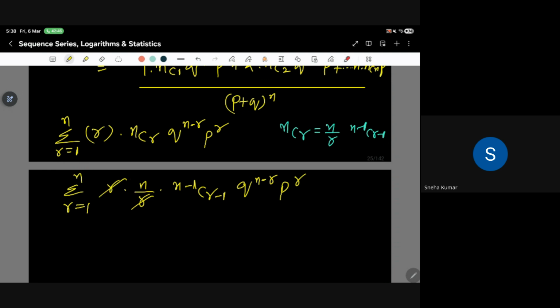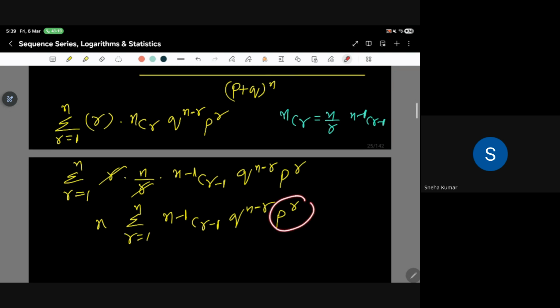n is a constant for this summation, so you can take this n out. Now, this becomes a binomial expansion if it matches the general term. So what does the general term say? Whatever is written here, the same power should be present in either one of the two terms. So here in p, only r is present, not r minus 1. But in q, the difference of the power is present. So this q is perfect at its position in terms of the general term. But here the p power should be r minus 1.